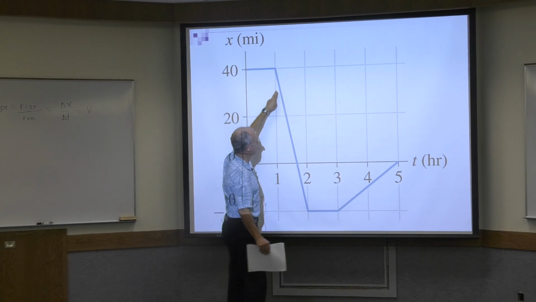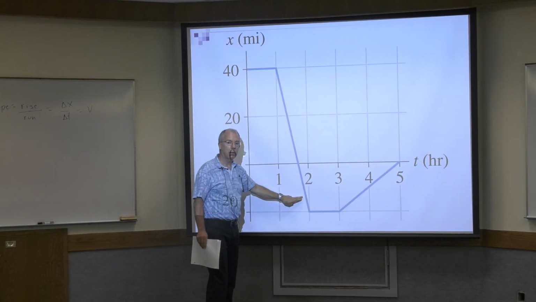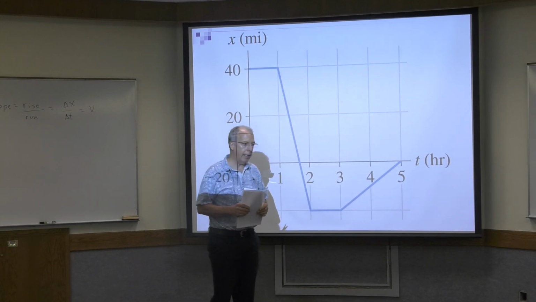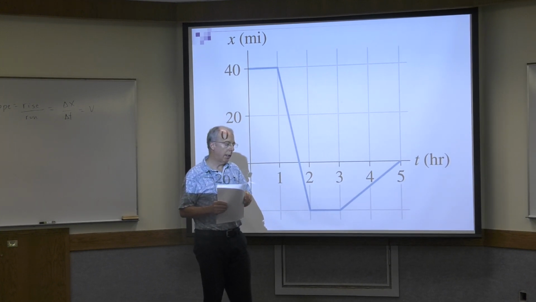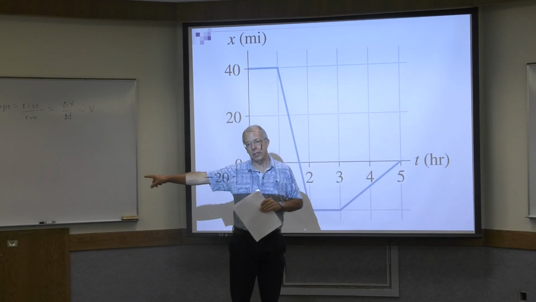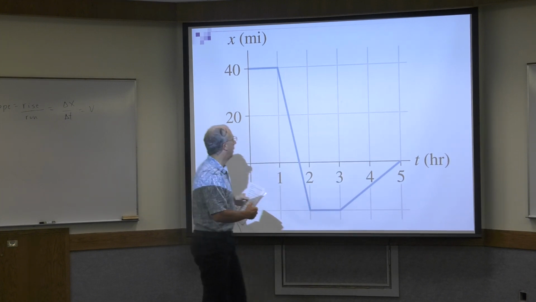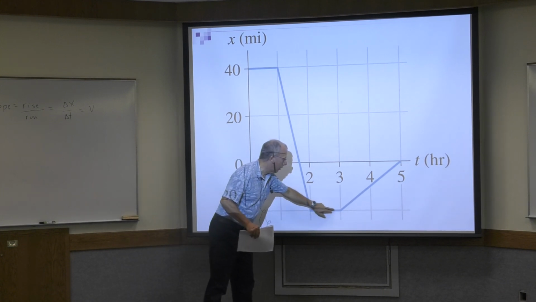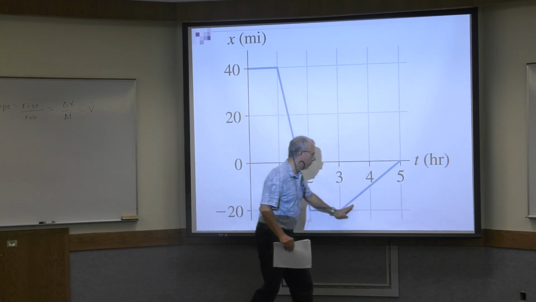Here, this is a negative slope, so that means the velocity is negative. Remember, we indicated in Chapter 1, if we're going to call this direction positive, this direction is negative. And then here, again, the velocity is 0, and then here the velocity is positive.